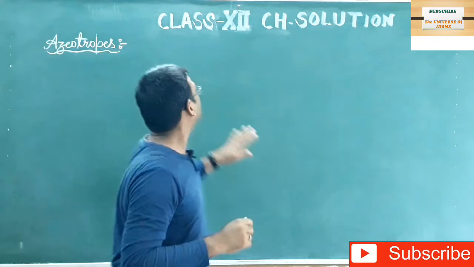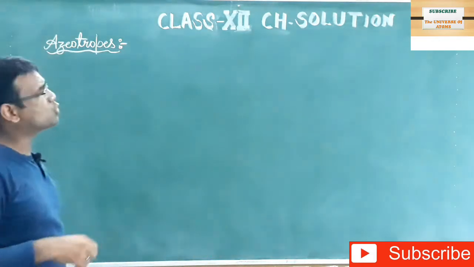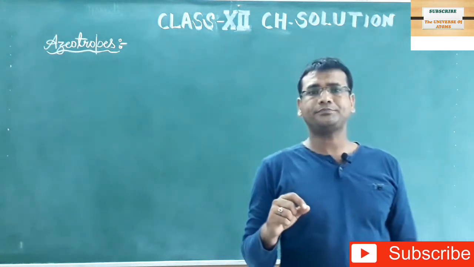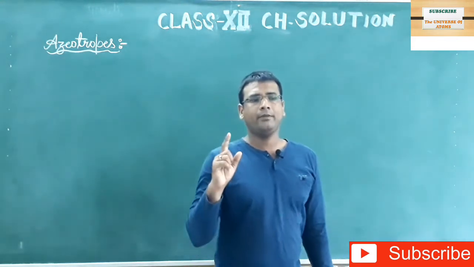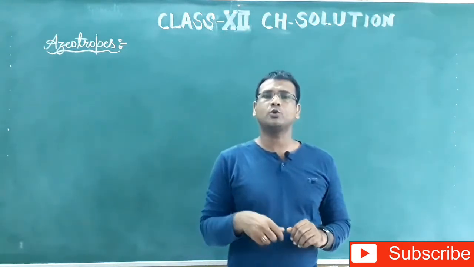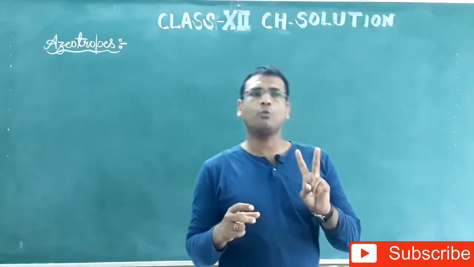Now what is the meaning of azeotrope? We are already discussing solutions, in which we are talking about binary mixtures or binary solutions. Binary solution means a solution in which two components are there.